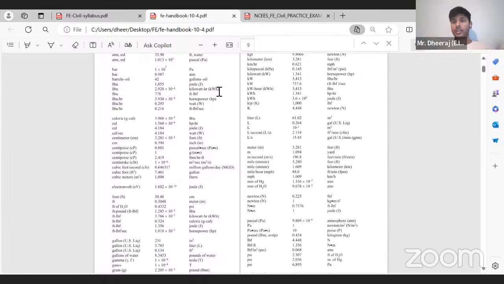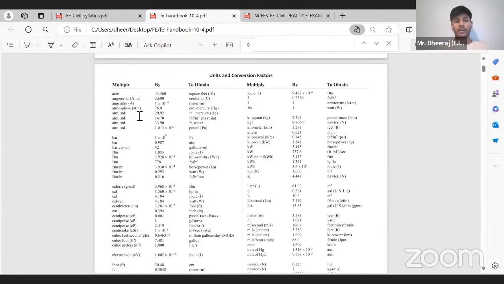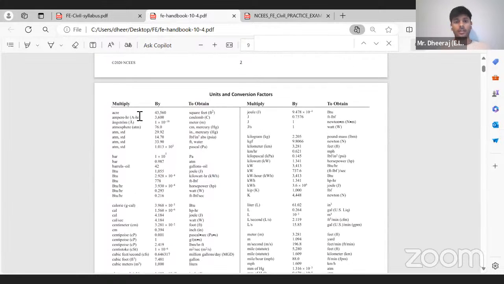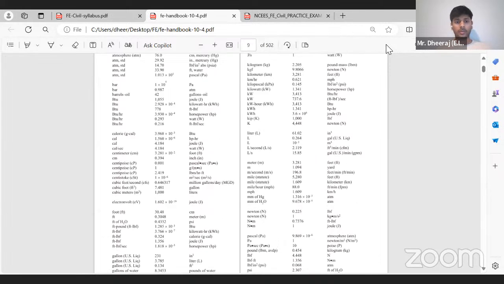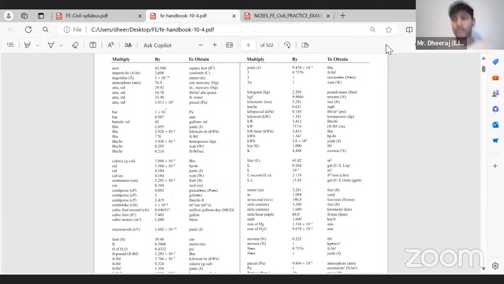So when you have the data in some units and they ask for the answer in different units, you need to understand this page, which is the second and third page of this handbook. This is really important because when I was giving the exam, almost 5 to 6 questions, maybe even 10 questions, they don't ask you directly.